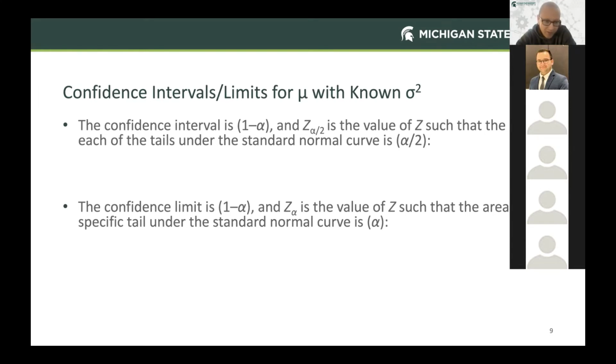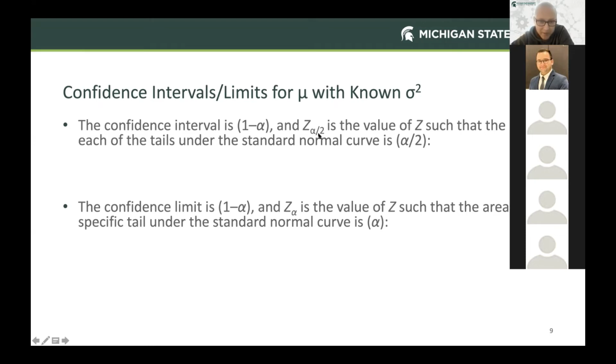So if we establish a significance level of 0.05 in a hypothesis testing scenario, that would be analogous to a 0.95 or a 95% confidence interval or limit. And so to that end, in the case of a two-sided interval, we would be interested in whatever that two-sided critical value of the Z statistic would be.